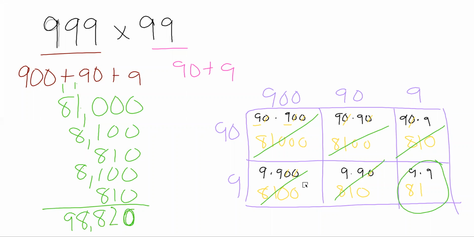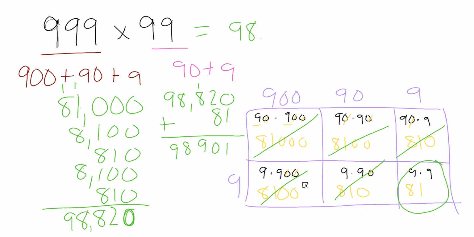So let's put this here, 98,820. I'm going to add 81. Oh man, I'm going to erase this. That doesn't really help, right? But you know. Okay, 1, this is a 10, 9, 8, 9. Whew. Okay, so 98,901 would be your answer.